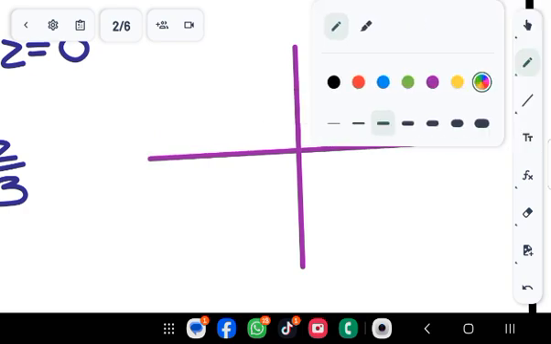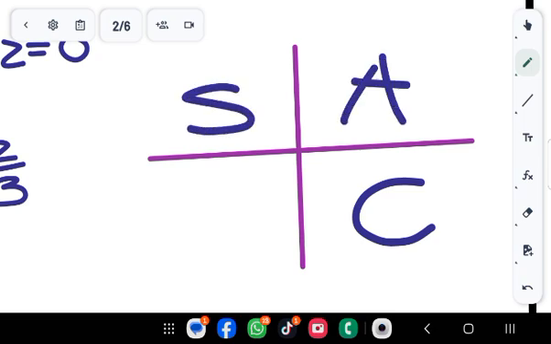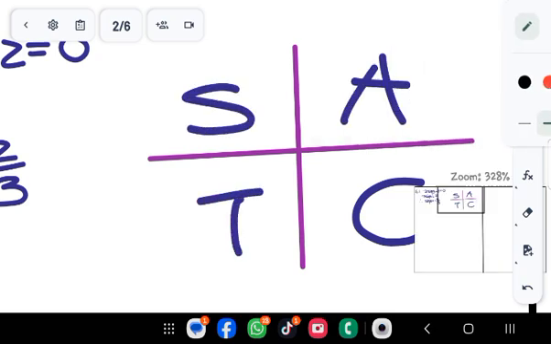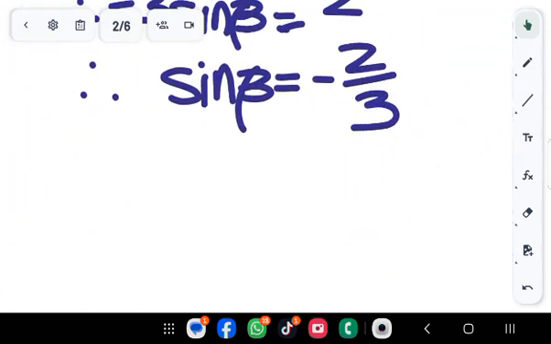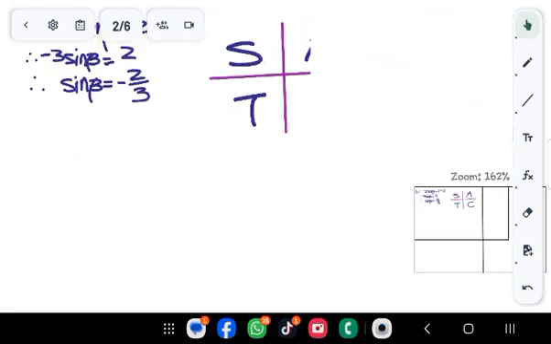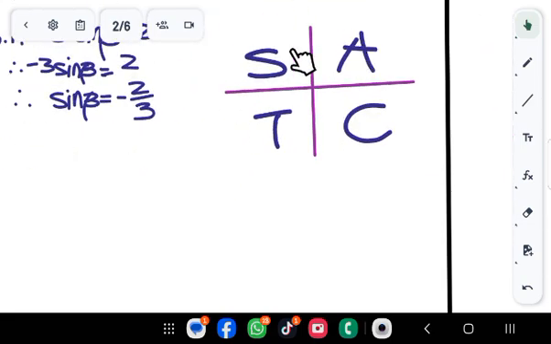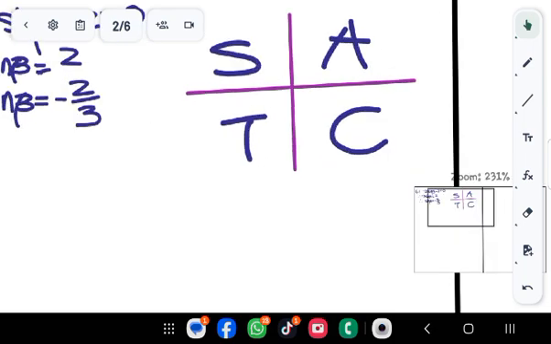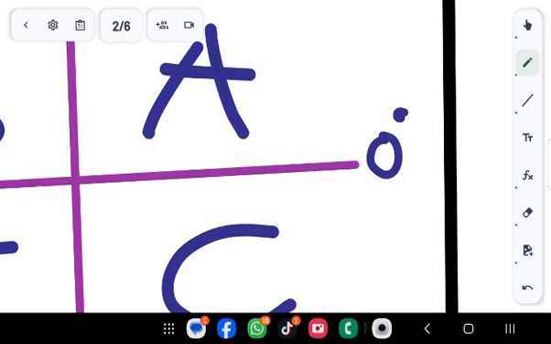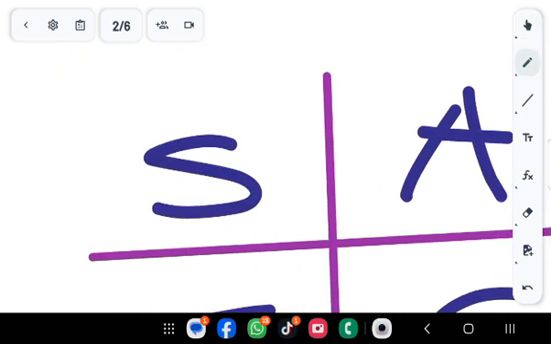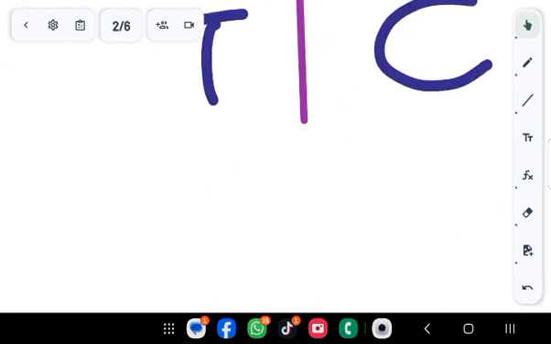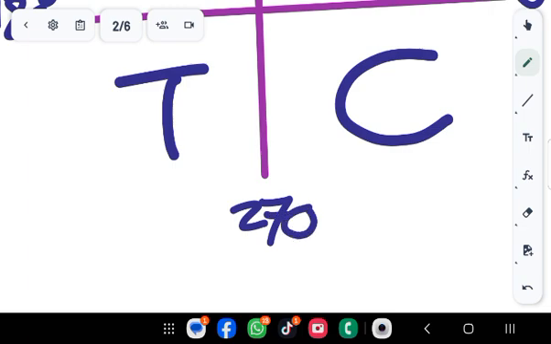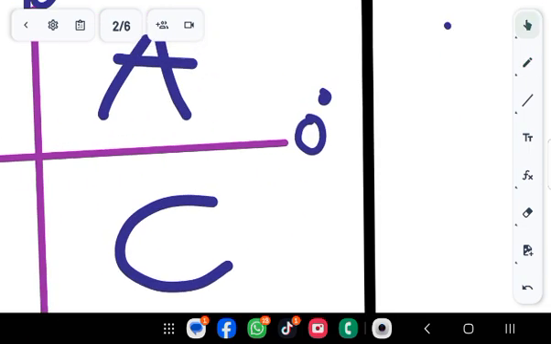Now, because we are told this angle should be between 0 and 270 degrees, it could lie in the first quadrant, the second quadrant, or the third quadrant, because this is our 0 degrees, that is 90 degrees, this is 180 and 270 at the bottom, with 360 back to the origin.